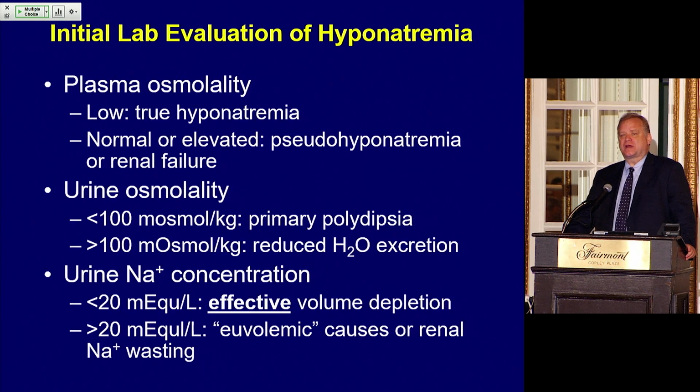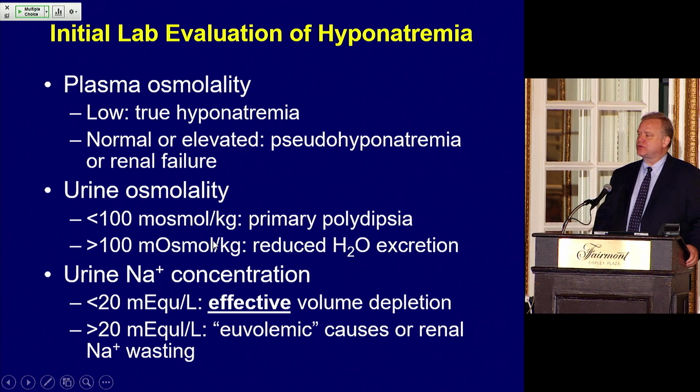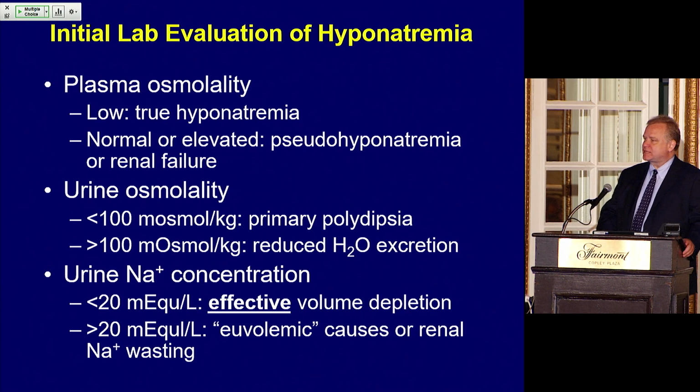One of the major mistakes that can be made is to not measure serum osmolality in these patients. You really need to exclude pseudohyponatremia. You need a serum osmolality. You need the urine osmolality. If it's less than 100, this is very diagnostic or suggestive of primary polydipsia. Greater than 100 suggests some reduction in water excretion.